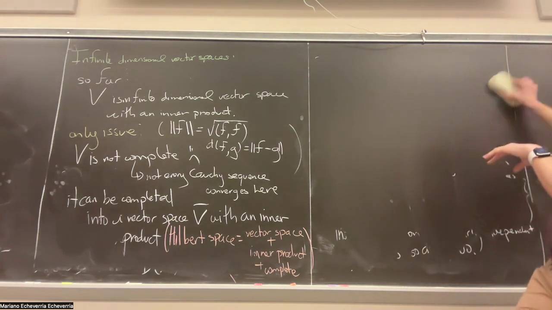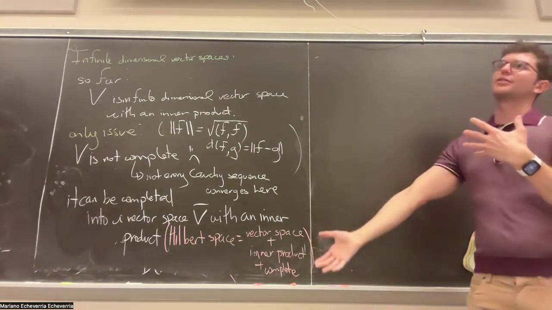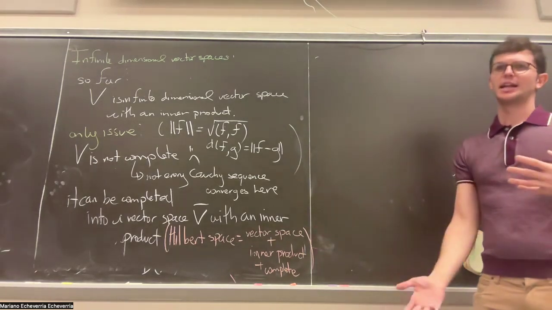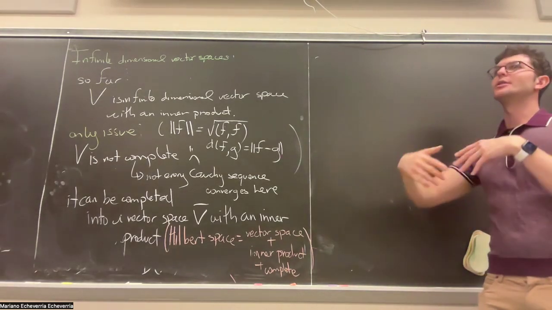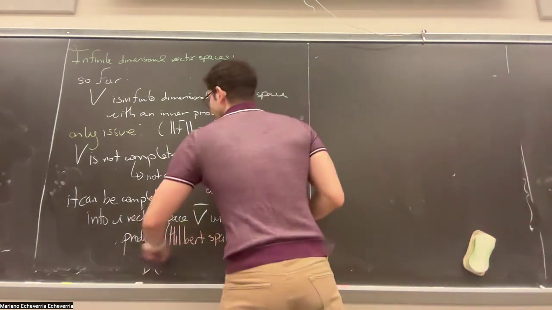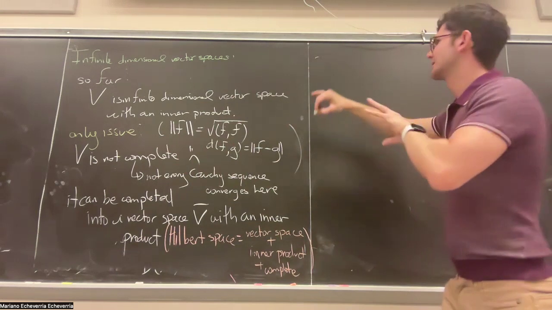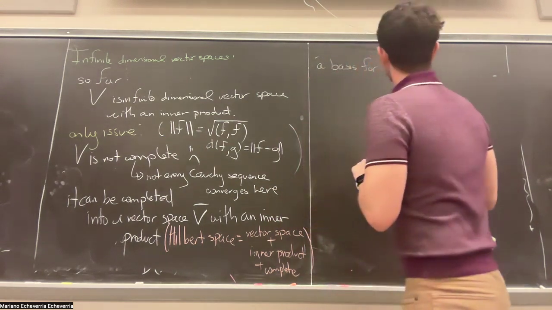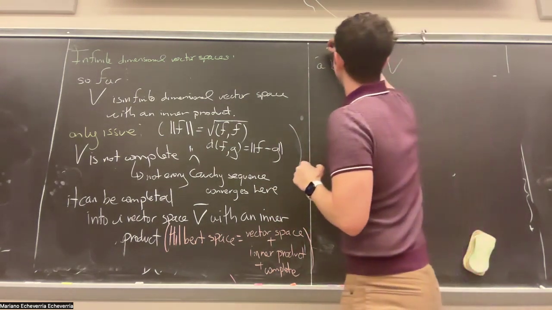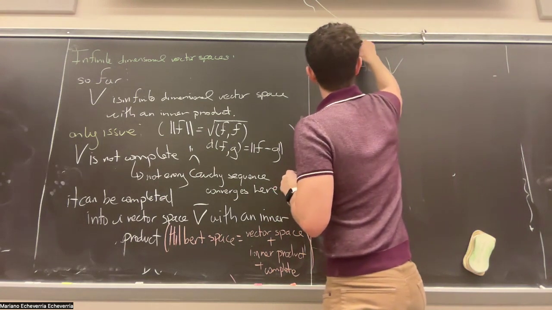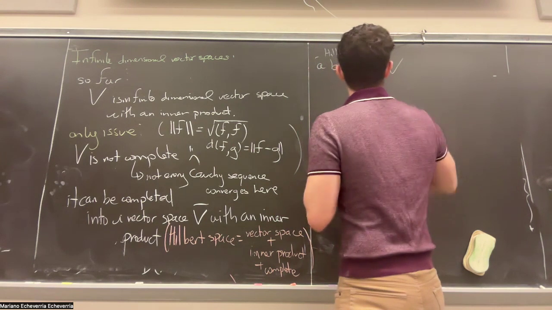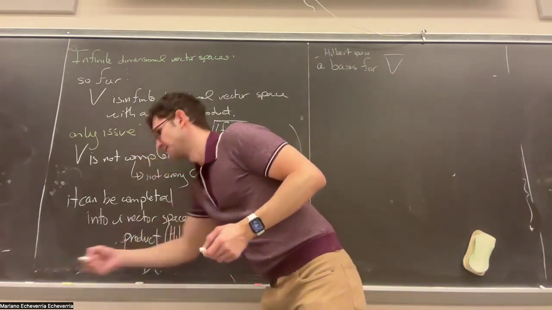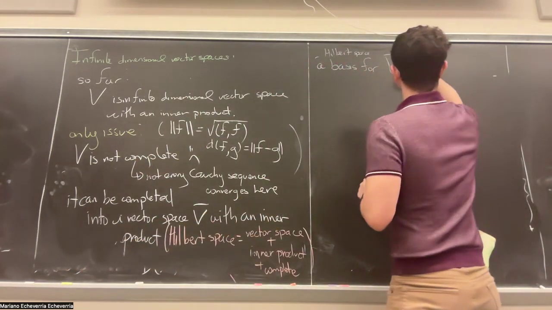But just to finish today with a little bit of the basics: once you have a vector space with the dot product and this notion of convergence coming from the norm, then the suitable notion of a basis, a basis in the sense of a Hilbert space, for V, or let's say V completion, is just a sequence of vectors.